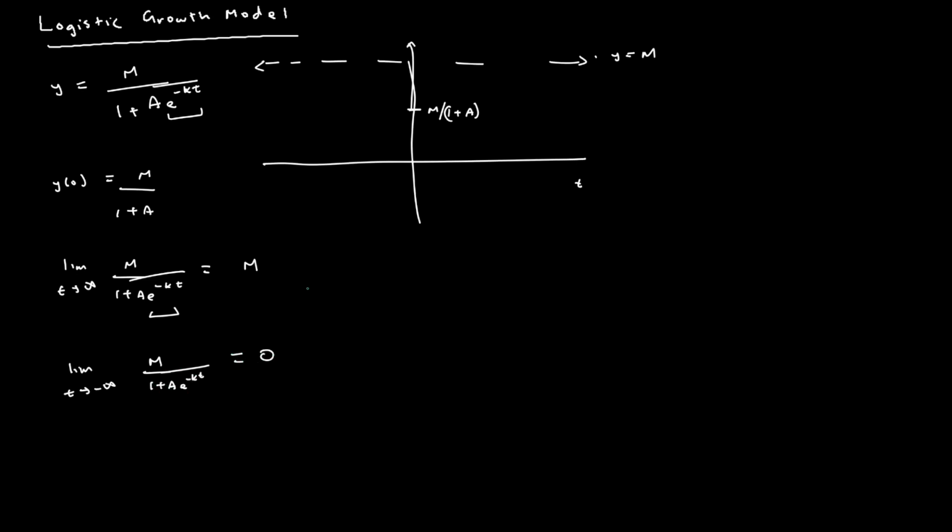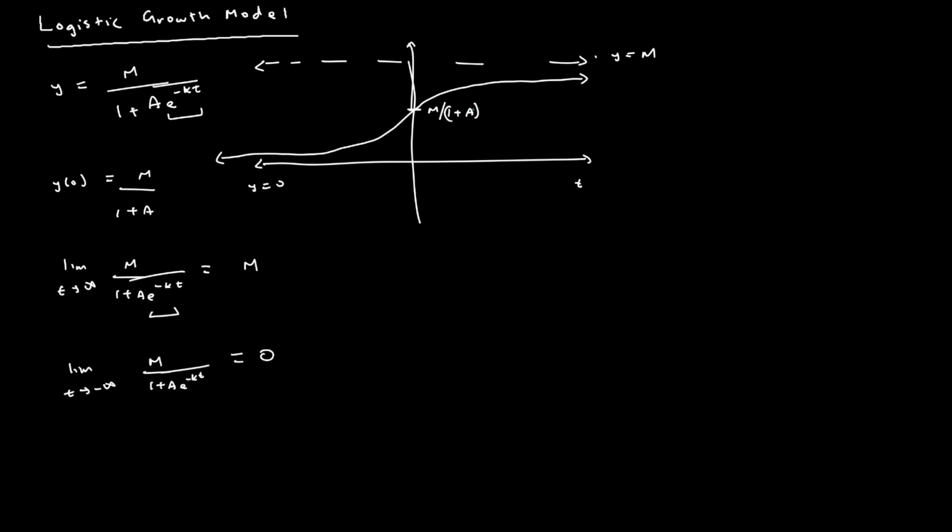So our second horizontal asymptote is at y equals 0, which we're approaching as we go towards negative infinity. So essentially we're getting behavior that looks like this, where for really large t we're heading towards the asymptote of m, and for small t, we're heading towards the asymptote of y equals 0.